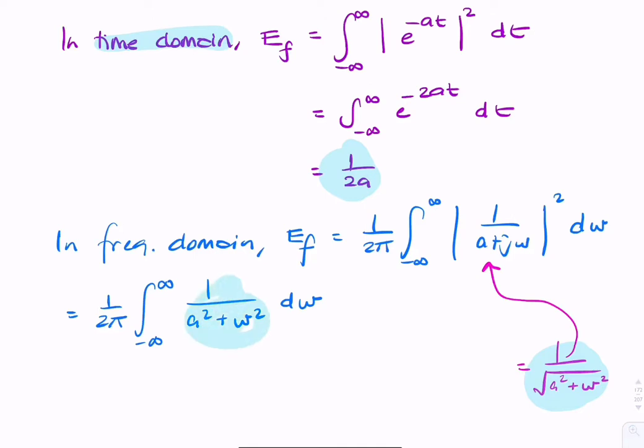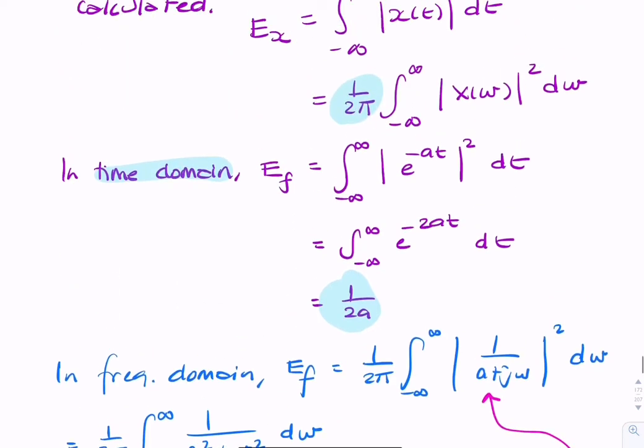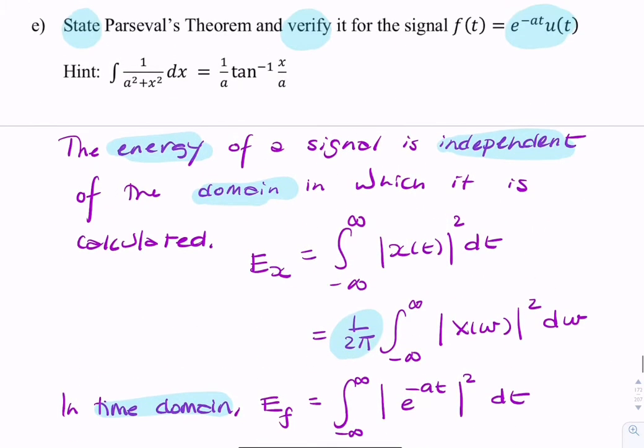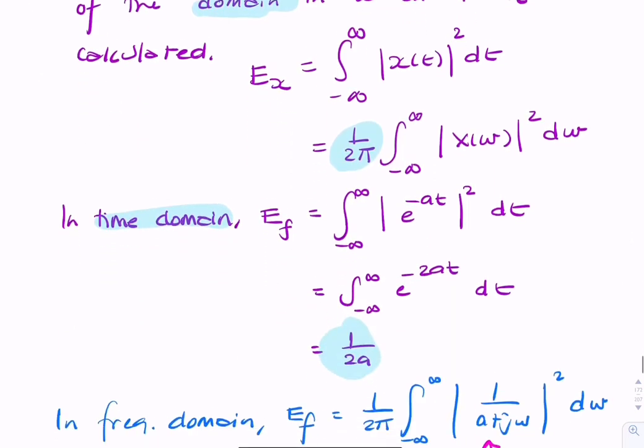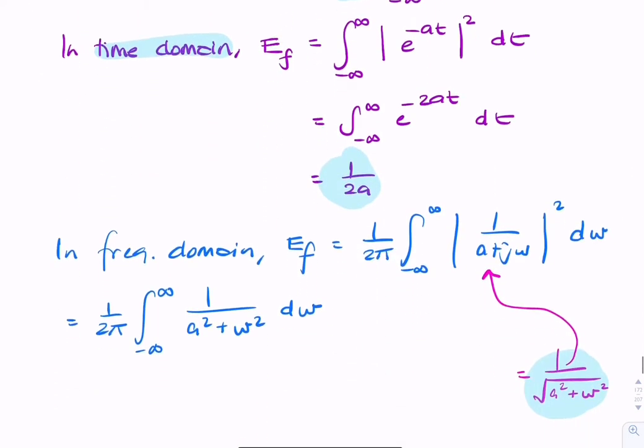Now, this isn't a particularly easy integral, but the question gives a hint that we can use the result that it's 1 over a times inverse tan of x over a. So we can simply put that result in there. So it's 1 over a times tan inverse of omega over a from minus infinity to infinity.